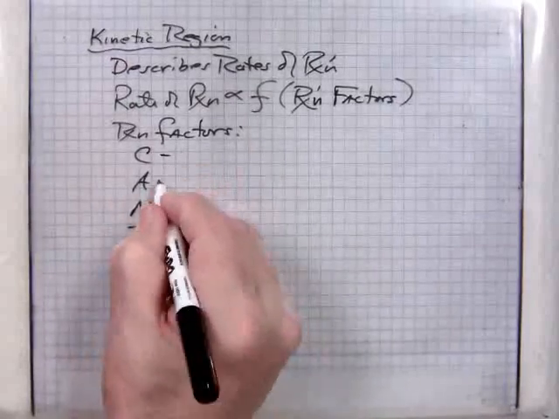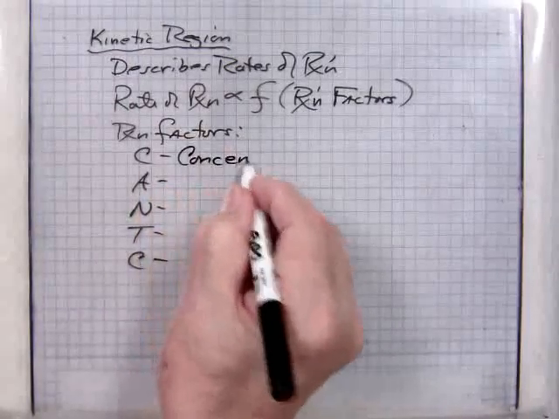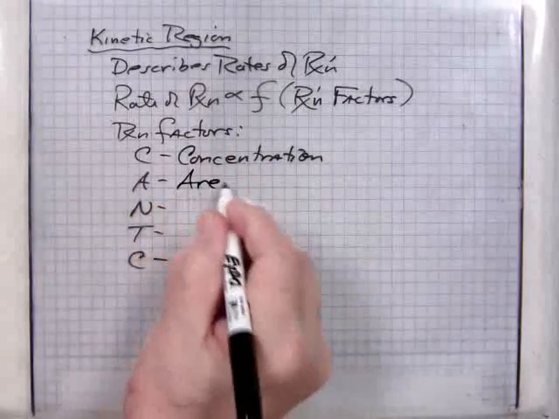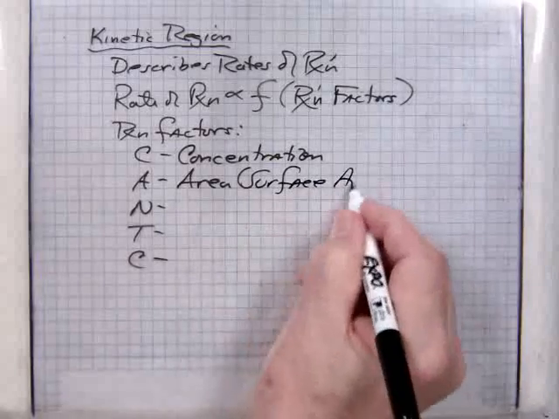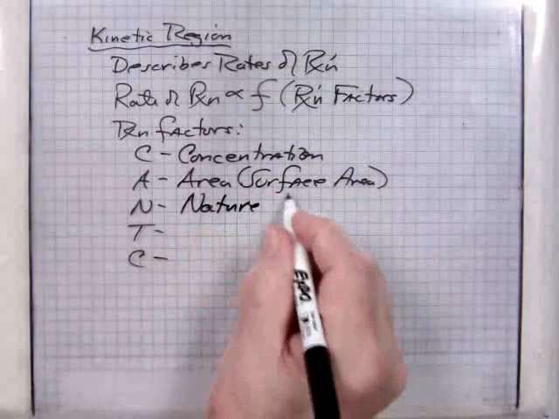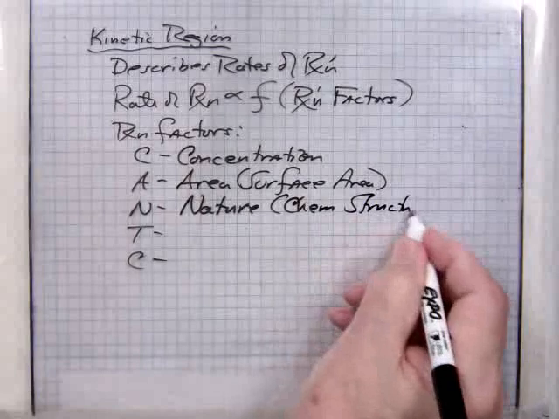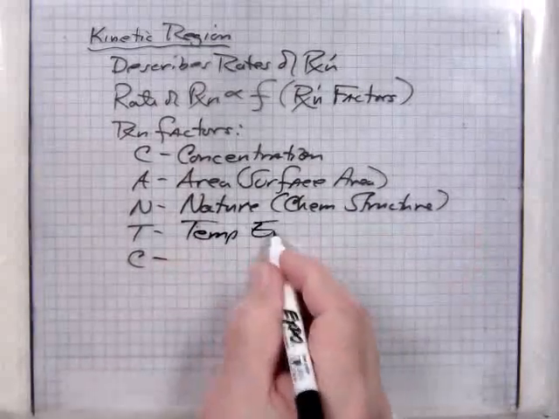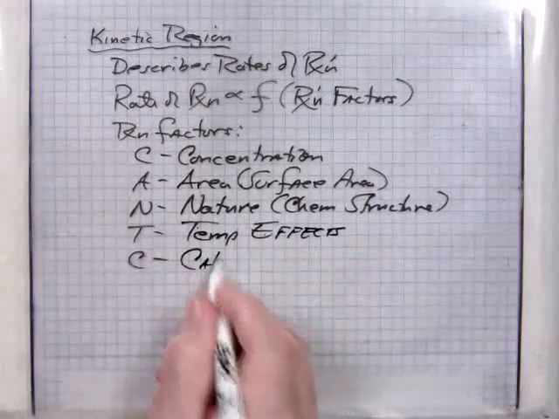CANTC, referring to concentration changes, surface area changes, nature or the chemical structure, temperature effects, and catalytic effects.